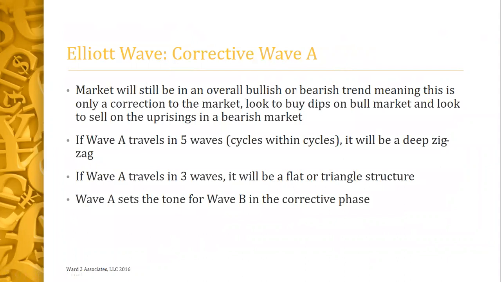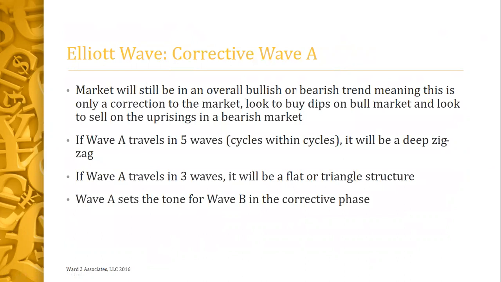All right. Corrective wave A. The characteristics of corrective wave A: the market will still be in an overall bullish or bearish market, meaning this is only a correction to the market. We buy the dips in bull markets and look to sell on upswings in a bearish market. Okay.